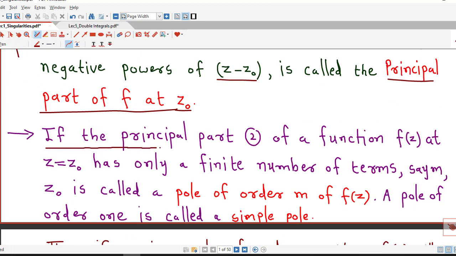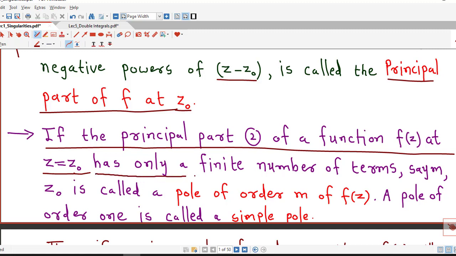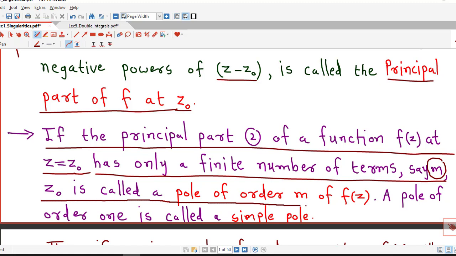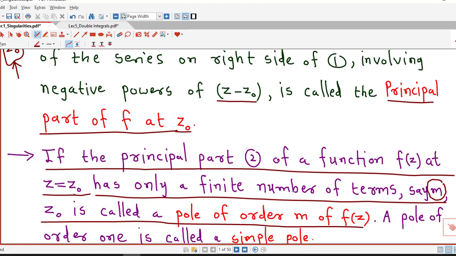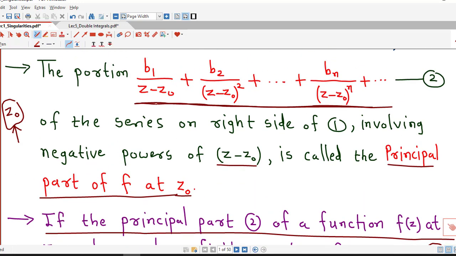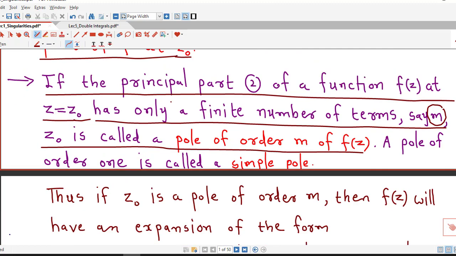If the principal part of a function f of z at z equal to z0 has only a finite number of terms, suppose the finite number of terms is m, then z0 is called a pole of order m of the given function f of z. Now suppose there is only one term in the principal part, then in that case z0 is called a simple pole.